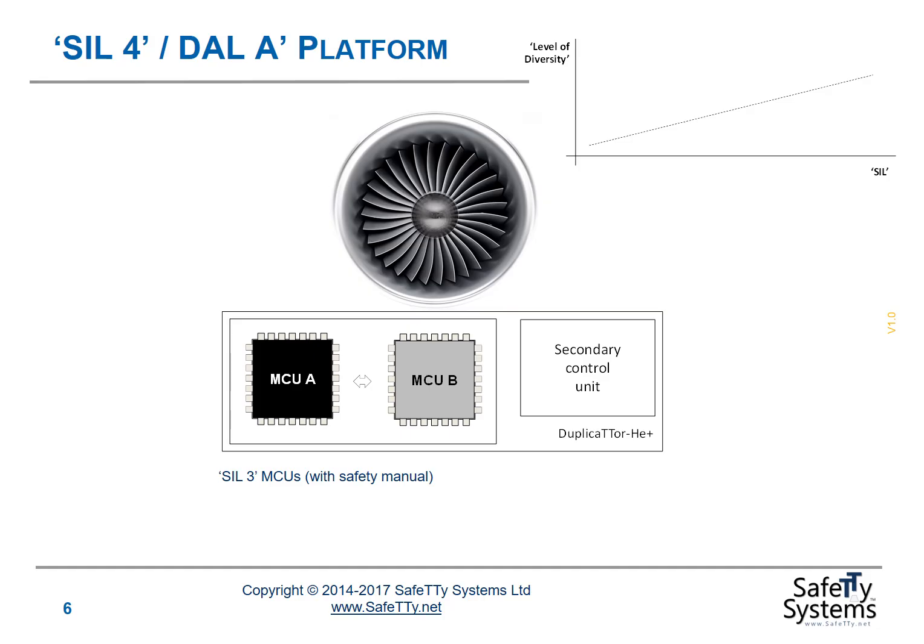So our DAL-A platform is likely to consist of a duplex, diverse framework. What this means is, to create the hardware platform upon which we're going to run our tasks to control our gas turbine aero engine, we would probably use two different microcontrollers.